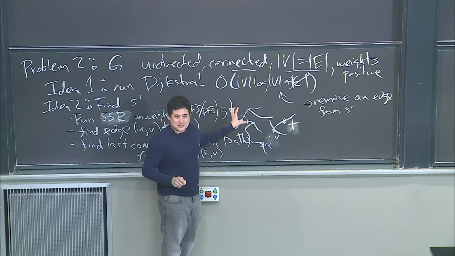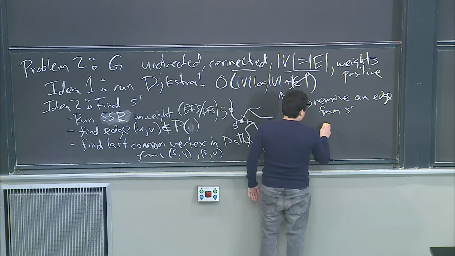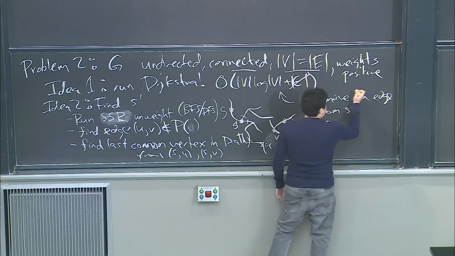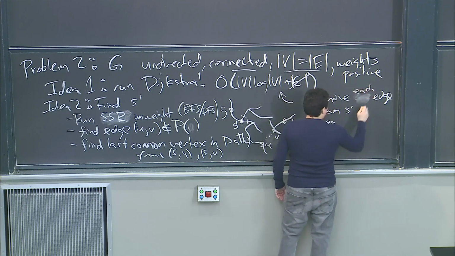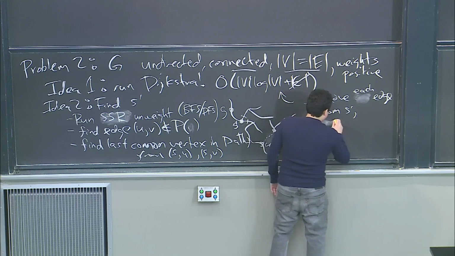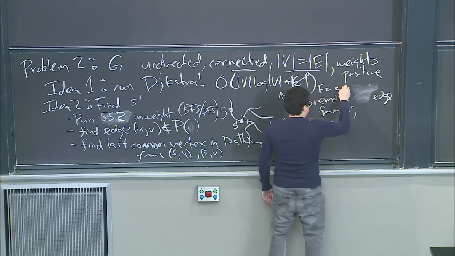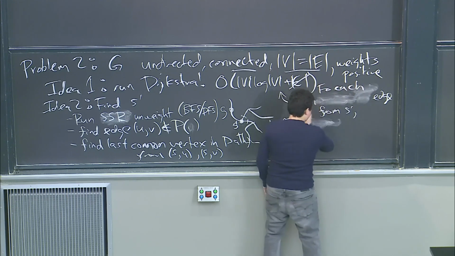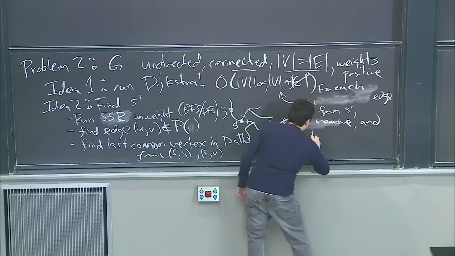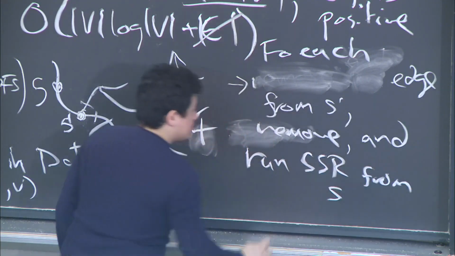I can just run single source reachability on all of them and take the best, right? So, for each edge from S prime, remove it and run SSR from S. Okay?